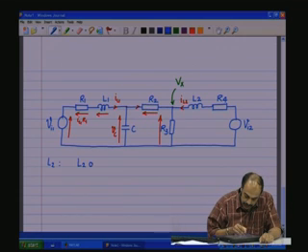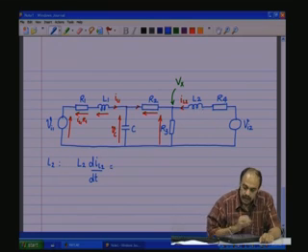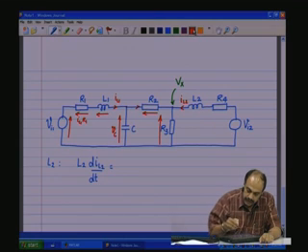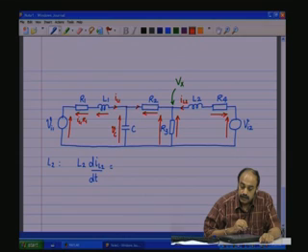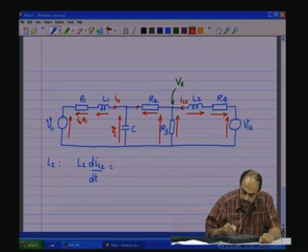L2 d IL2 by dt is equal to the voltage across L2. Now, the voltage across L2 is obtained by, now the current is flowing in this direction, let us say that there is an effort here like that, there is the effort of the source which is like that, the current direction is assumed in this way, and therefore, we have the voltage across R2 in that direction, and the voltage across L2.